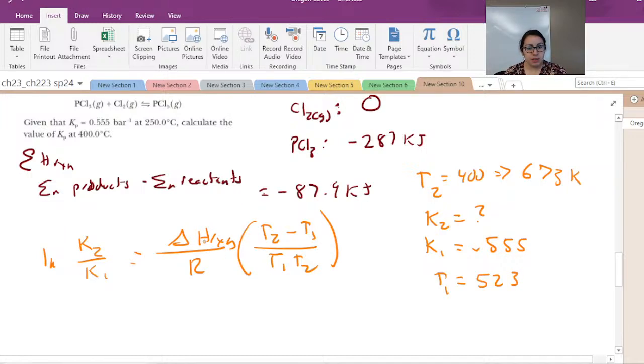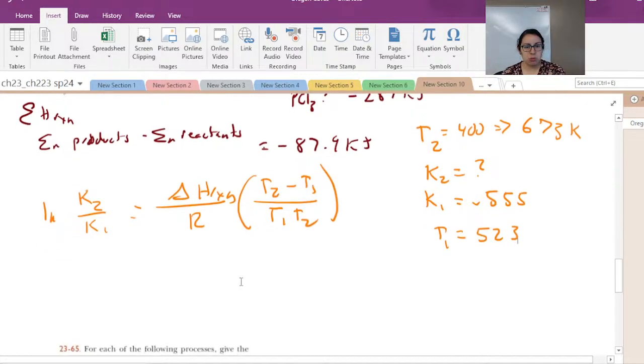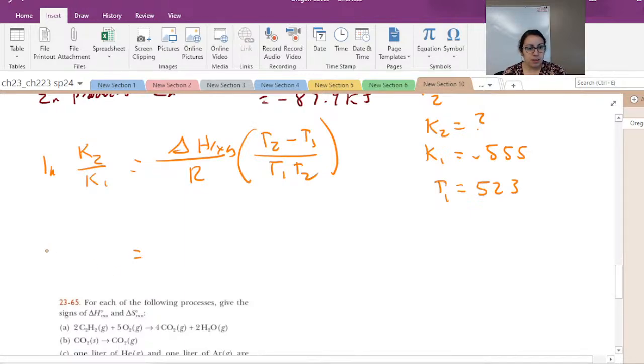And so we have our delta H. Gotta watch the units though, right? So we calculated this in kilojoules, but what's our R in? Just joules, so we need to put this back into joules, so just watch that. And so now it's just turning into algebra slowly.